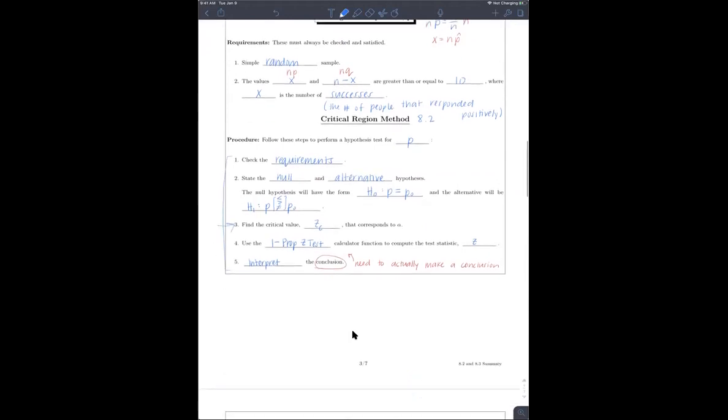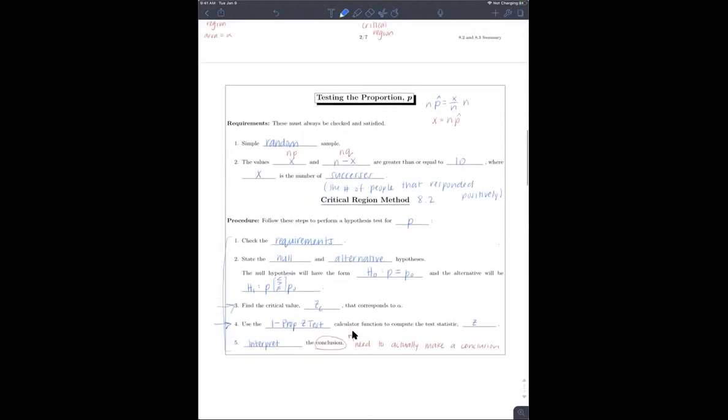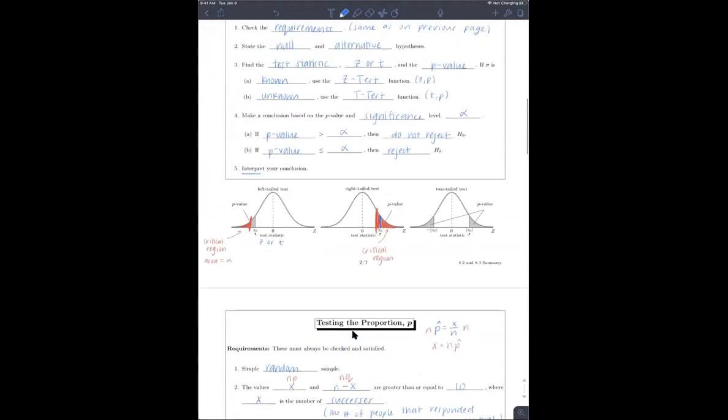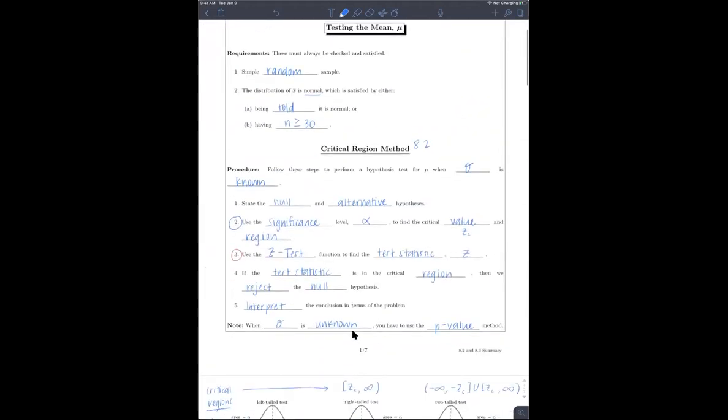Now I need to find what? Oh, wait. This is the proportion. I'm talking about this one. Oh, wait a minute. We are testing a proportion. Wow. Okay, hang on.